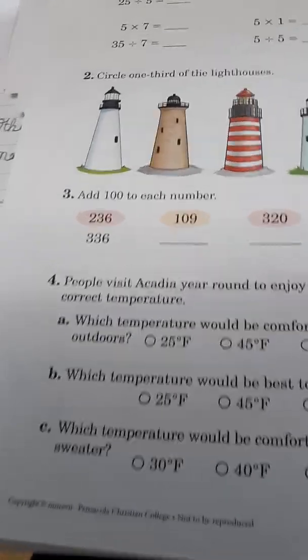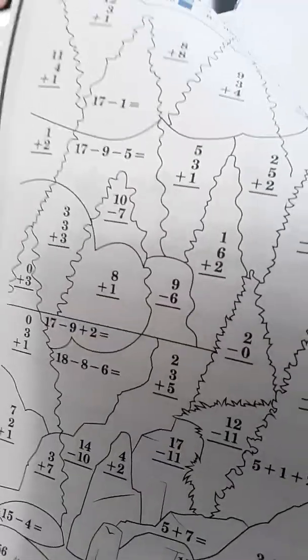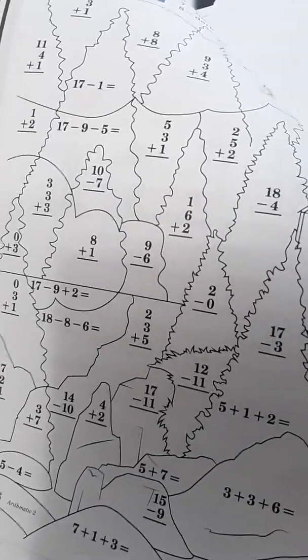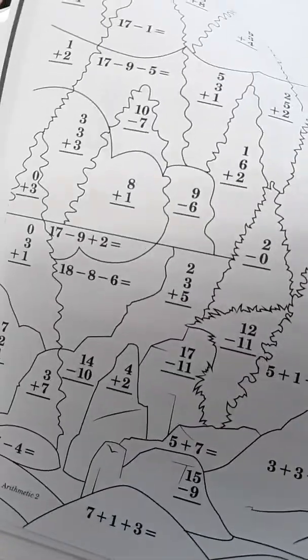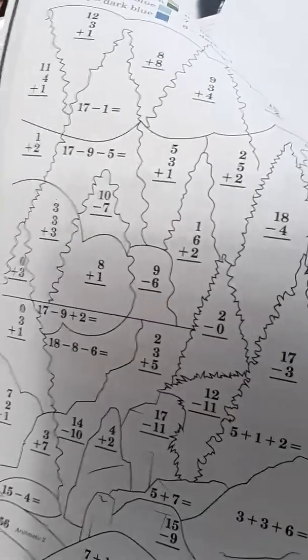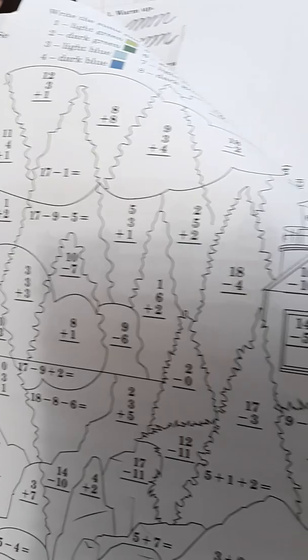And then on the back side of your page, oh boy, this looks really fun. Oh, lots of addition, subtraction, all sorts of things going on here. Almost like a speed drill. But you don't have to be in a rush, and you need to make sure a grown-up checks your work before you do the color by number. Because the color by number has to be according to what your answer is.